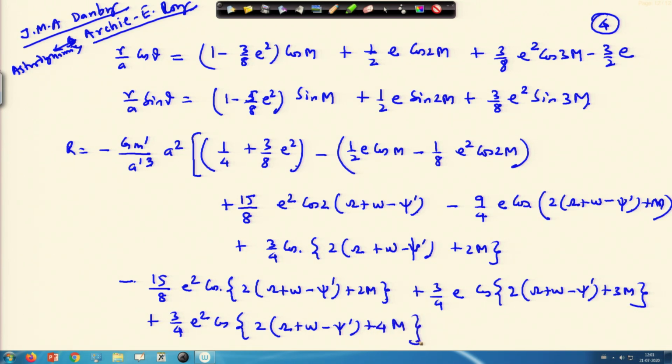This way we can expand it and reorganize to write here in this format.